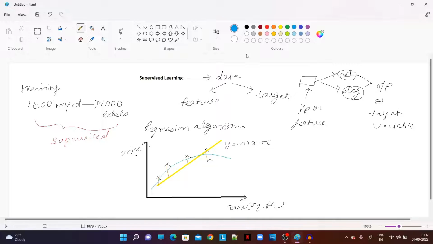And this is an even better fitting than the straight line, because these distances are pretty low on this curve compared to the distances on the line. So this one is a linear fitting, and this one is a quadratic fitting.